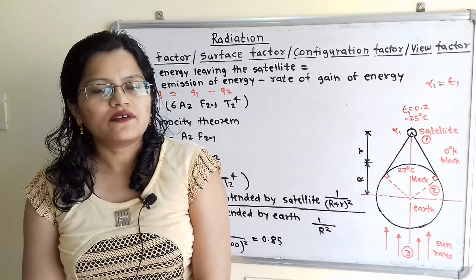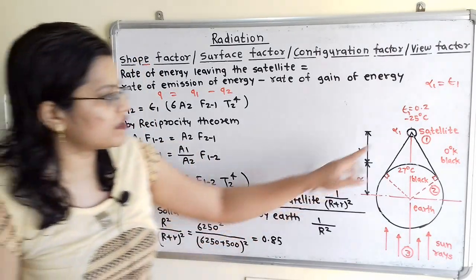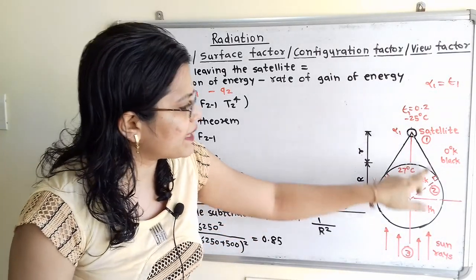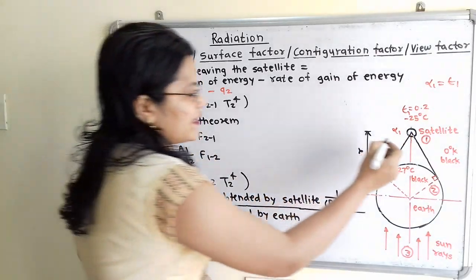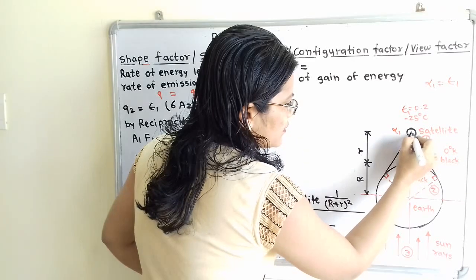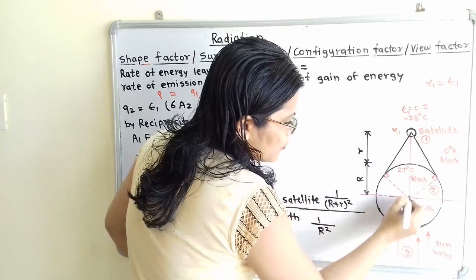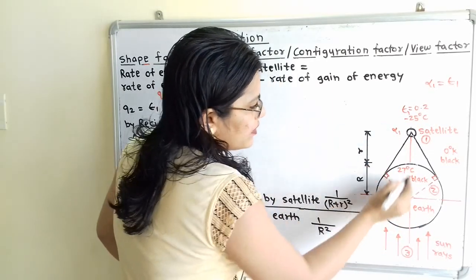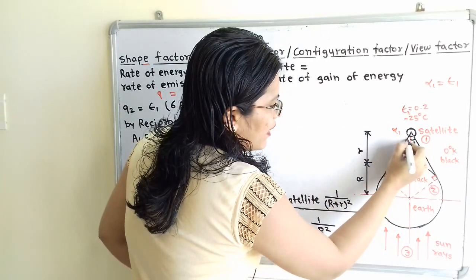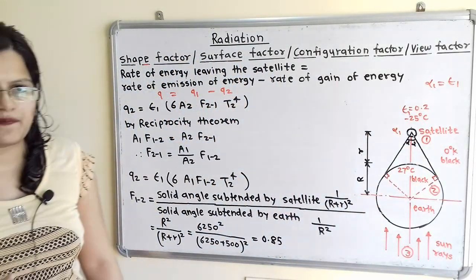For that we have one formula. Now if we observe the radiant energy emitted by the satellite, we will consider that it subtends an angle of 2 alpha. That is, if I draw one normal, that is one perpendicular line passing through the center of earth, then here will be angle alpha and here will be angle alpha. So this total angle will be 2 alpha.